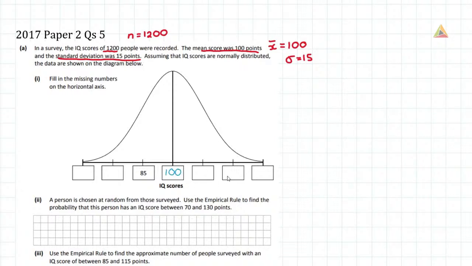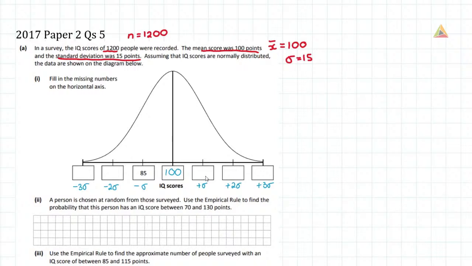And then each of these boxes, because we're dealing with one standard deviation above, two standard deviations above, and 3 standard deviations above, these are all coming from adding and subtracting our sigma, or our standard deviation, with our mean. And that's coming from our empirical rule.